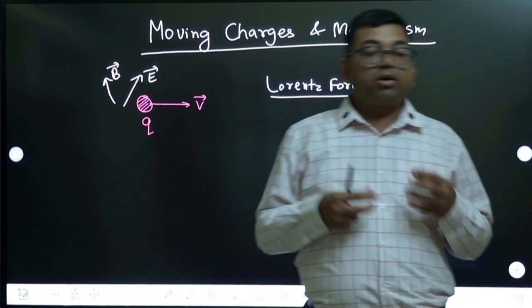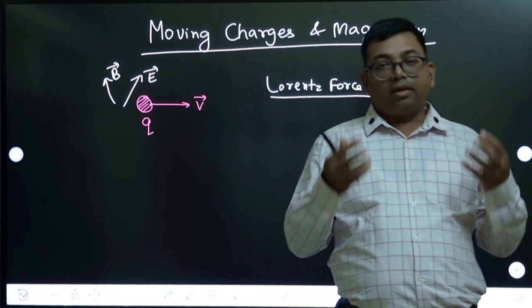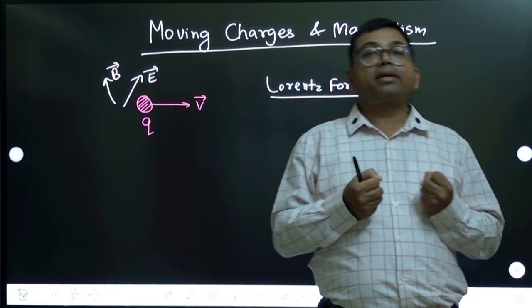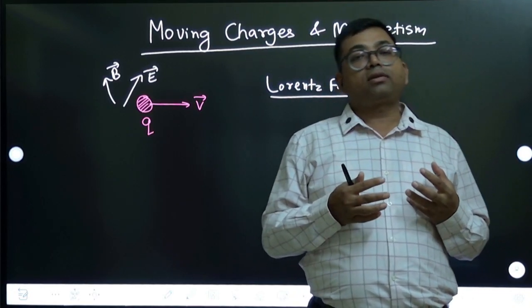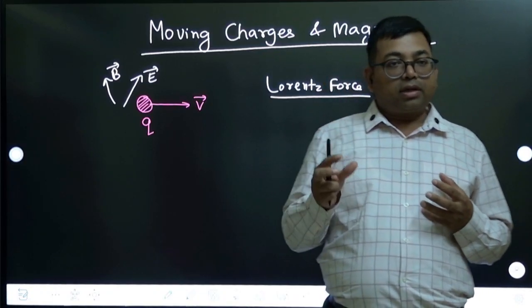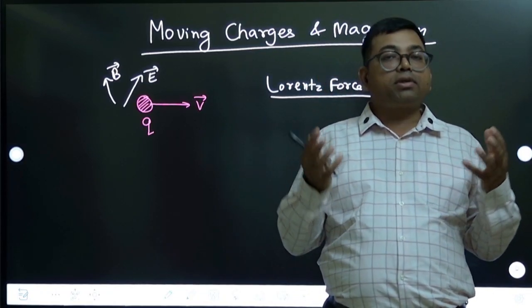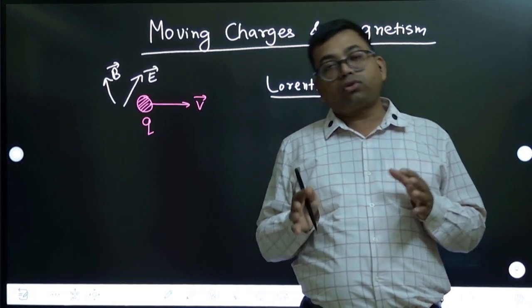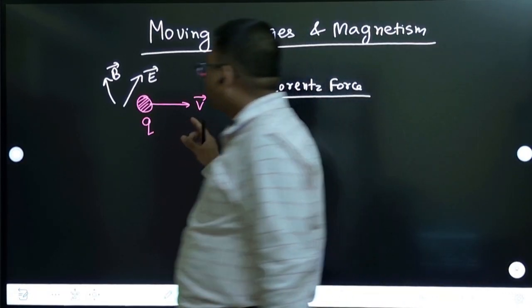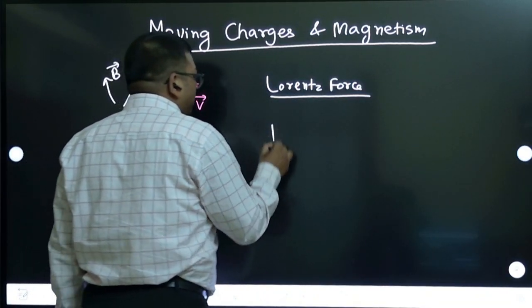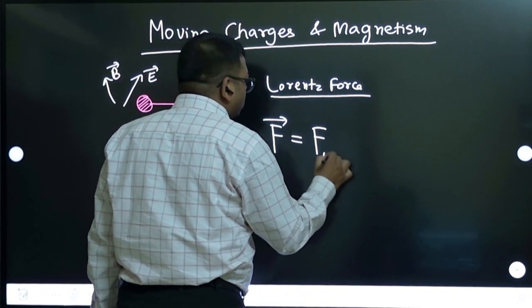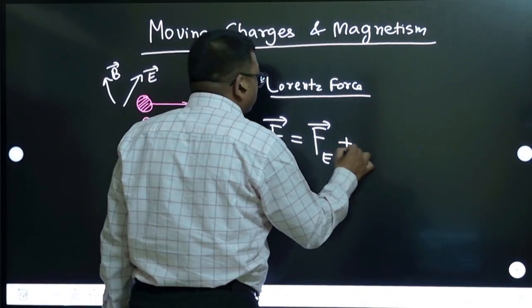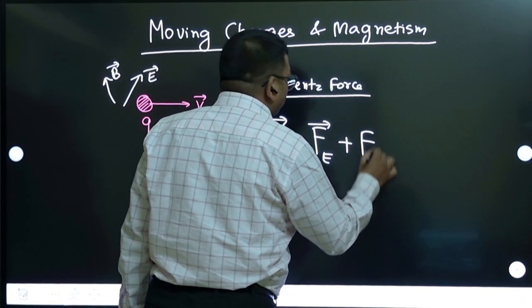And because a magnet experiences force in a magnetic field, the moving charge also experiences force in a magnetic field. Anyway, the charge is there and the electric field is there, so definitely it will experience electric force also. So the net force on this charged particle is electric force plus magnetic force. Two forces are going to act.